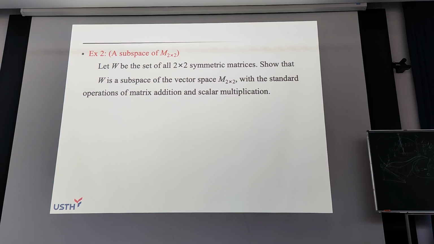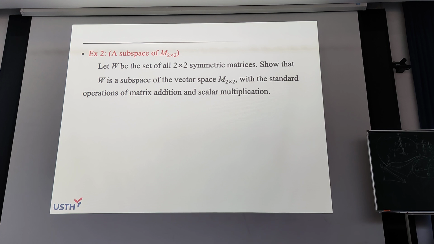The next one is no longer geometry. We know already that M2 by 2, the set of all 2 by 2 matrices, is a vector space. Inside M2 by 2, we consider W, the set of all 2 by 2 symmetric matrices.